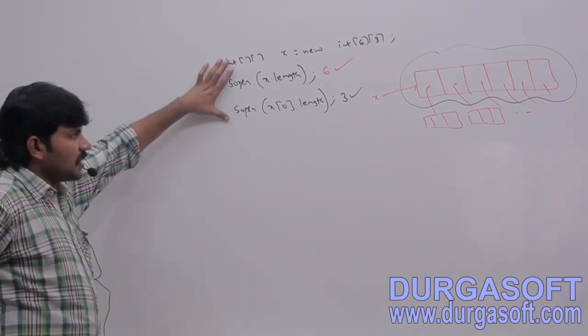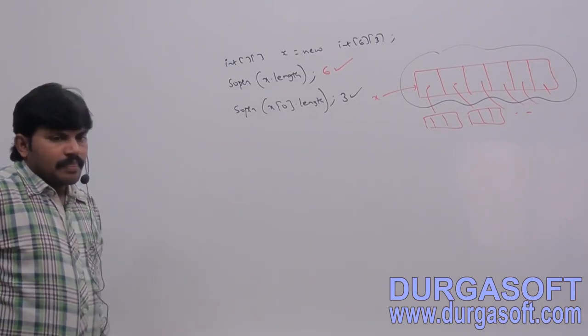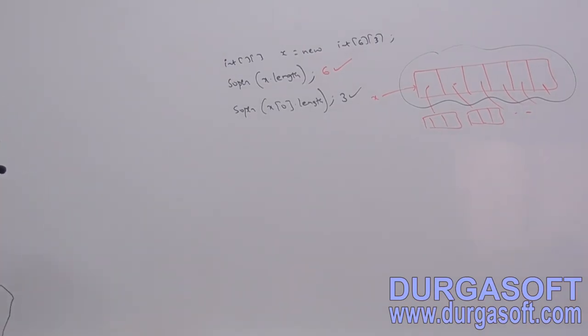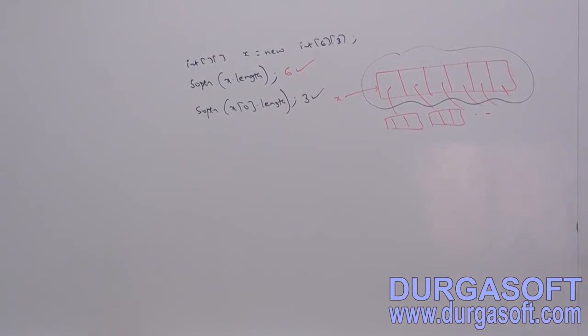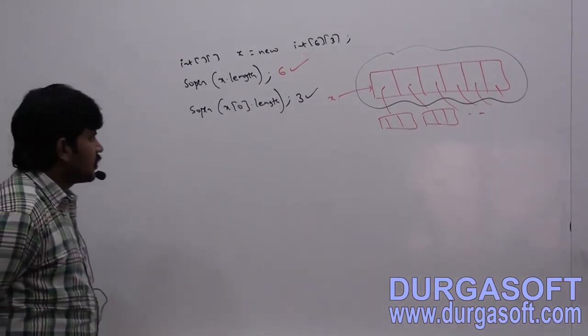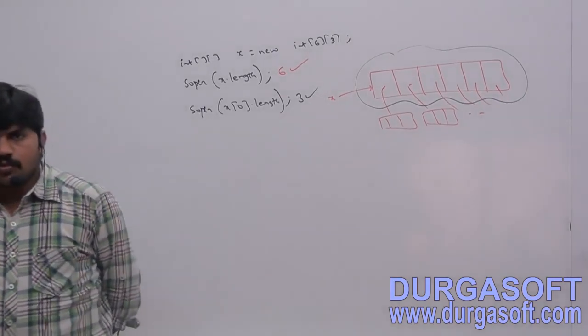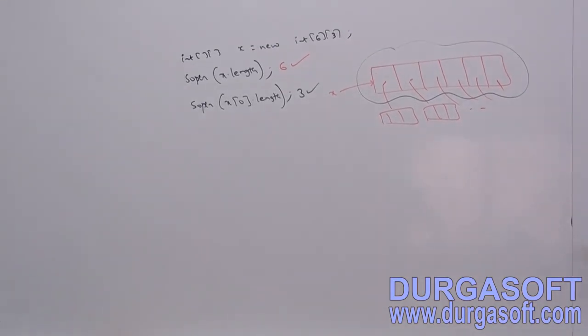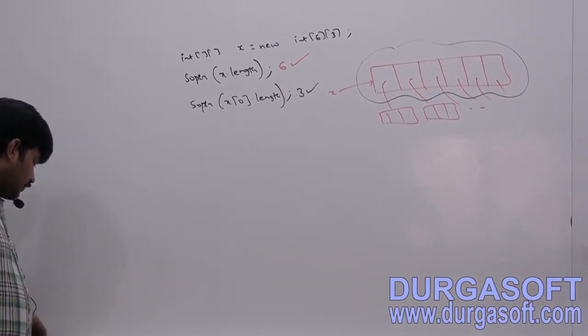Okay, take this example. Two-dimensional array X is equal to new two-dimensional array of 6 3. SOP of x dot length, the answer is 6. SOP of x of 0 dot length, its value is 3.